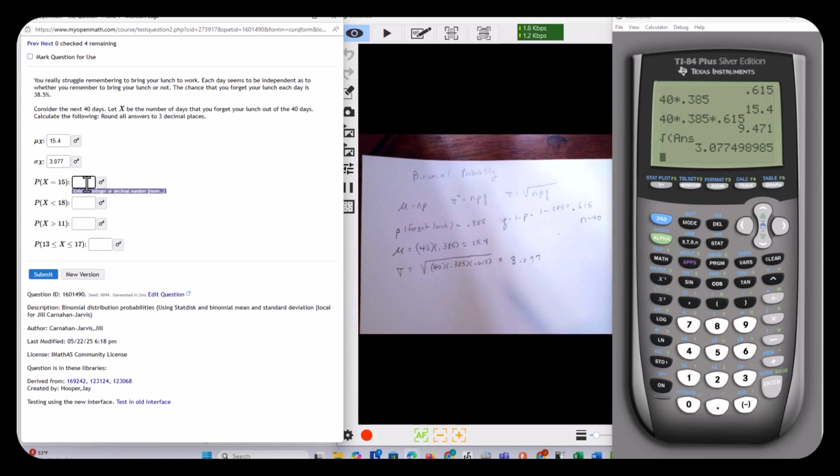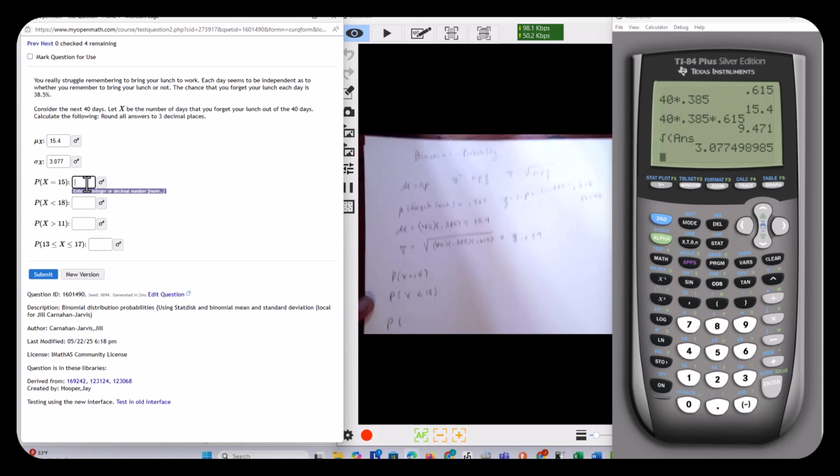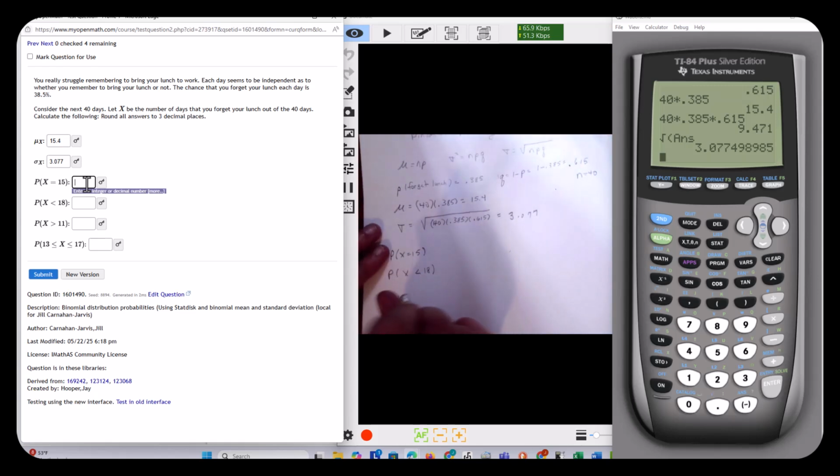Okay, so I'm going to write these down. The probability that x is equal to 15. I need to know the probability that x is less than 18. I need to know the probability that x is greater than 11.